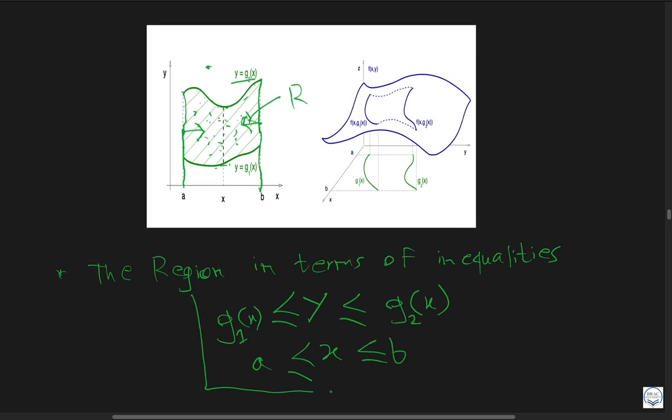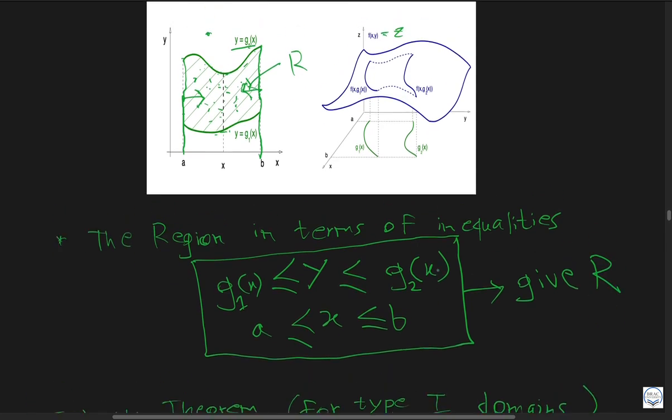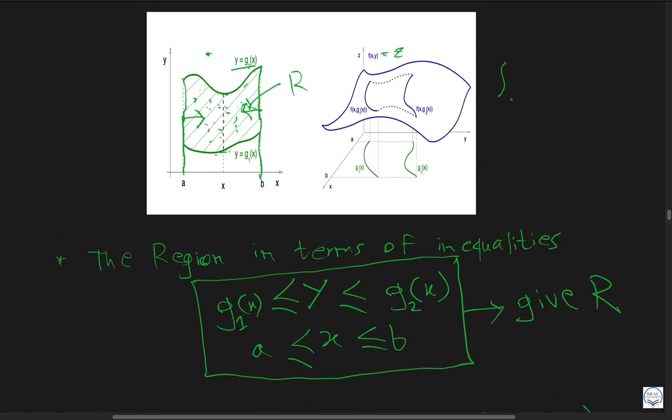All of the x coordinates must be greater than or equal to a, because it's towards the right of a, and they must be less than or equal to b, because it's either on this line x equals b or on the left of it. So these two inequalities will tell us what region R is. This will give R. Great.